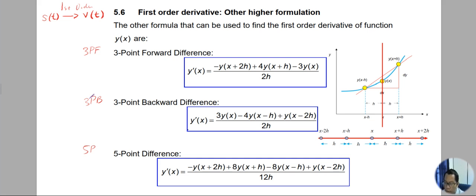So for the 3-point forward difference, it requires you to get the value of y(x plus 2h). So in this case, the most important thing is when you get the equation, you have to identify the value of h, or the step size. Then from h, you get the 2h value.